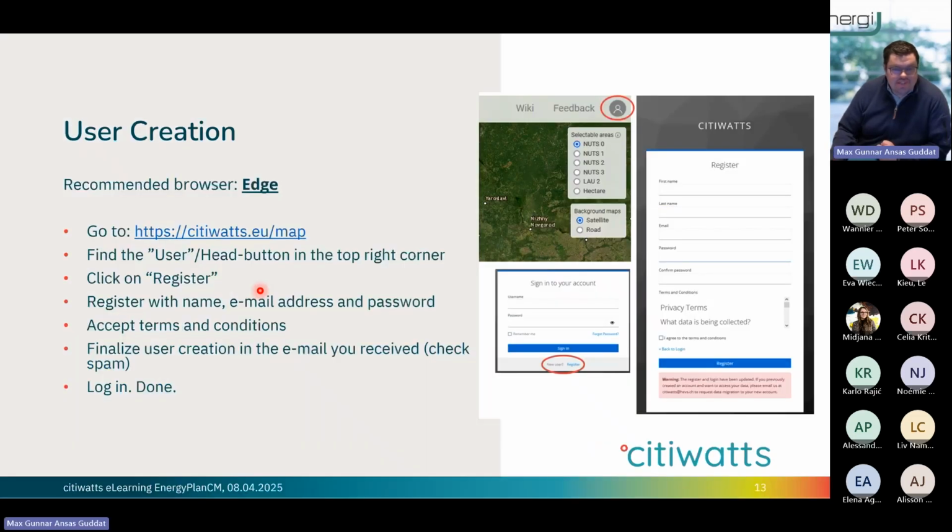And another remark is that some of the functionalities, I don't think it applies for this very CM, but for most other functions, it's always a good idea to create a user, because then you get the upload and download, especially the upload function available, and a workspace in there. So please make sure to log in and register there.